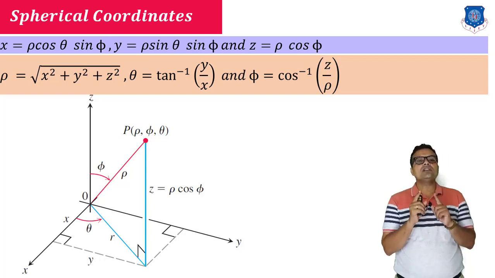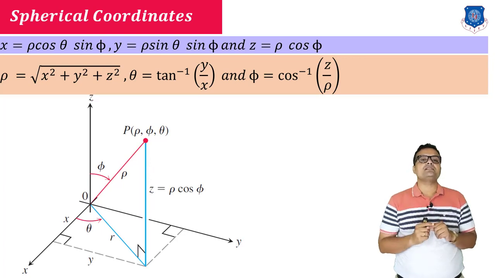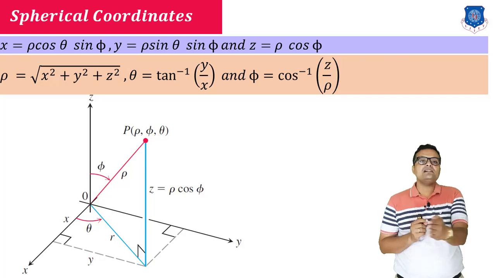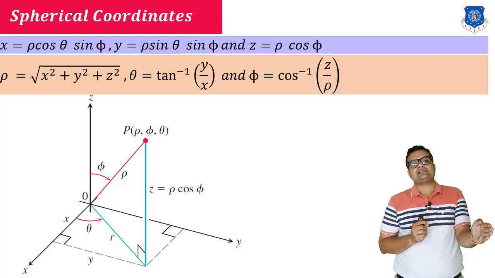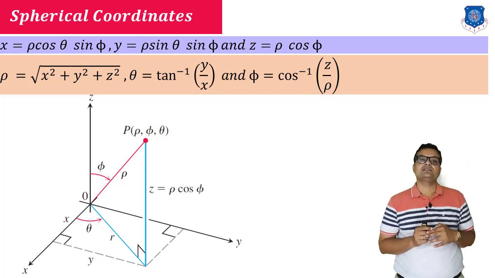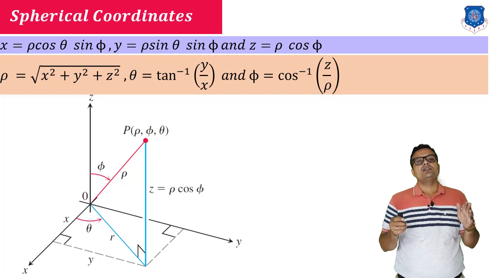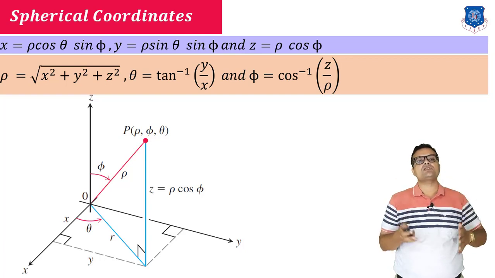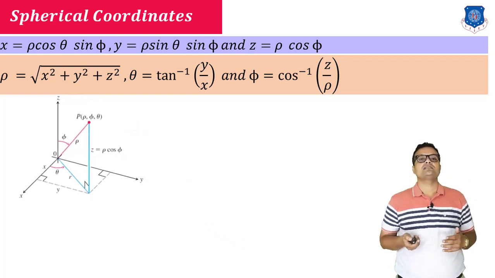The second value is theta, its angle from positive x-axis, and phi is the angle from positive z-axis. So this is how we are going to consider three-dimensional spherical coordinates.